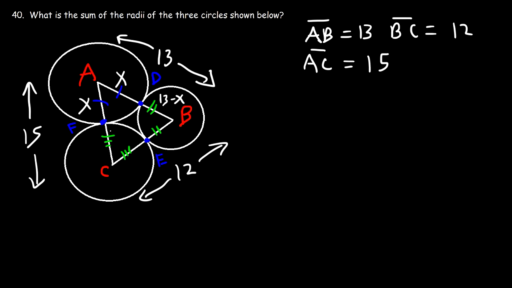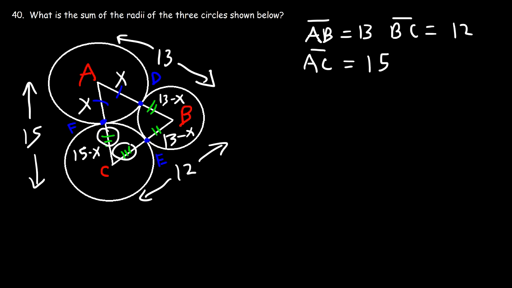Now, FC has to be 15 minus x, because when you add these 2, you need to get 15. Now, because DB and BE are the same, BE is also 13 minus x.